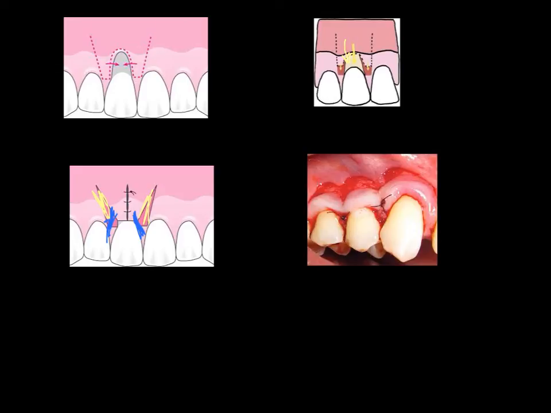If the gingival tissue apical to the recession defect has a thin gingival biotype, or there is insufficient keratinized tissue, a free gingival graft or a connective tissue graft can be carried out.